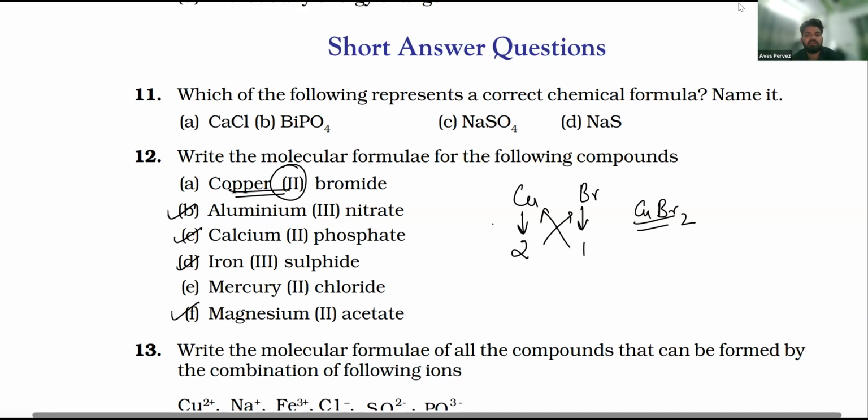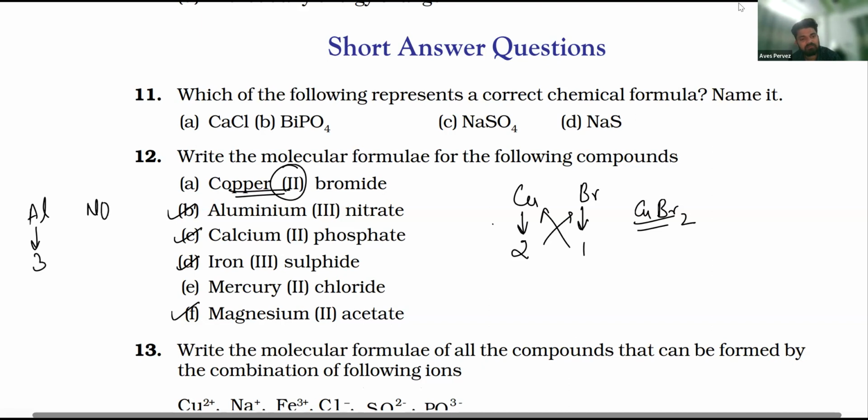What is the formula of aluminum nitrate? Tell me. Sir, aluminium is Al3+, valency is 3.